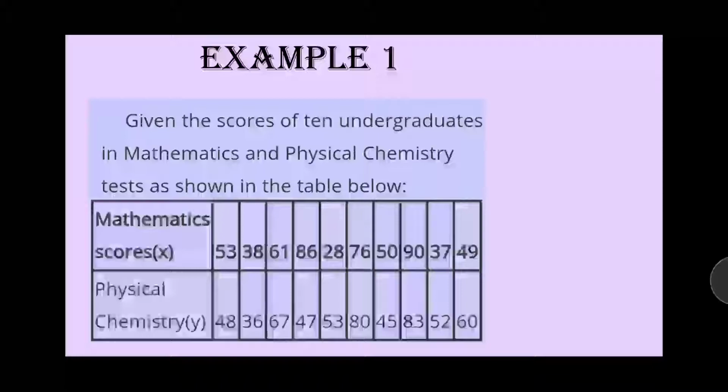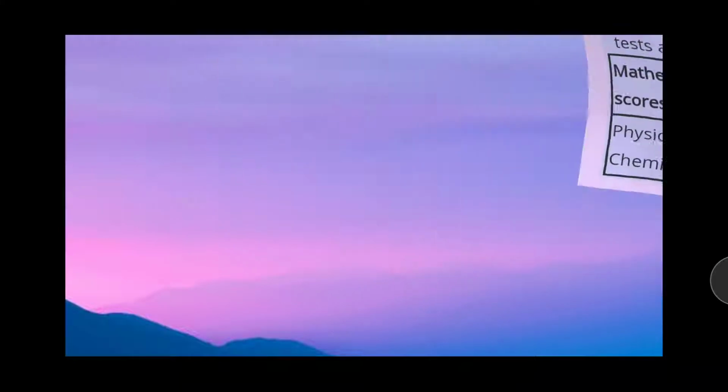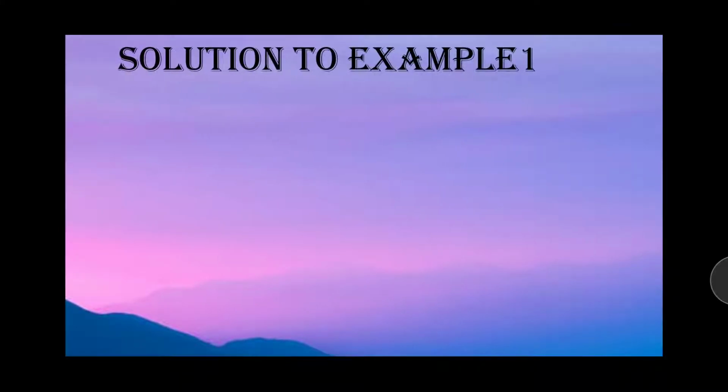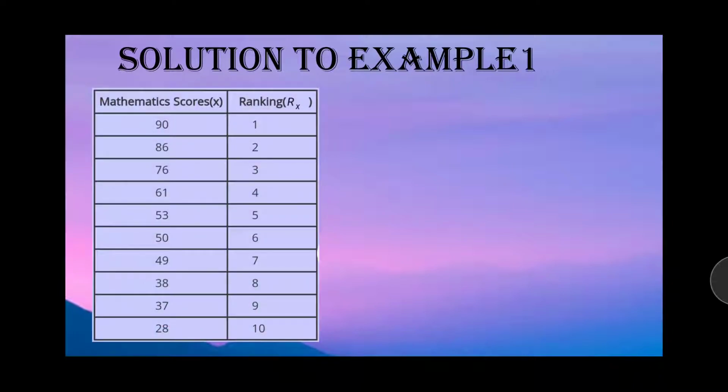We have the mathematics scores, and we call that variable X, and our physical chemistry scores, we call that variable Y. Okay, now let's look at what we have in our next slide and see how the solution goes. The solution to that example.